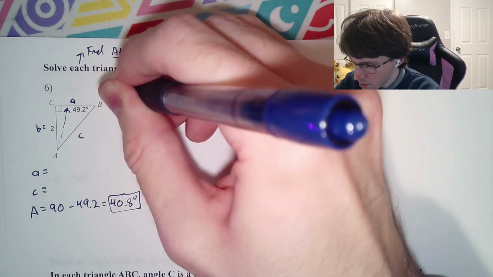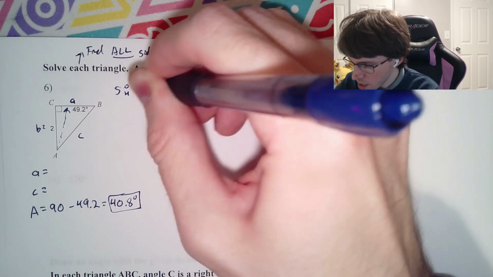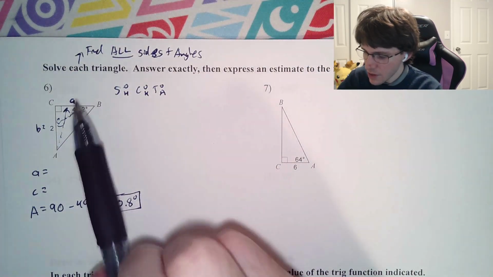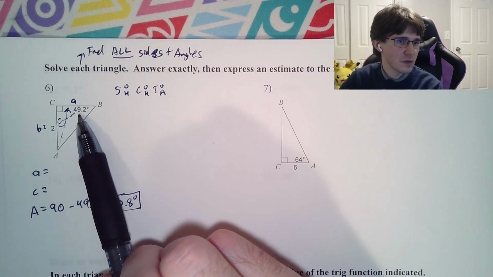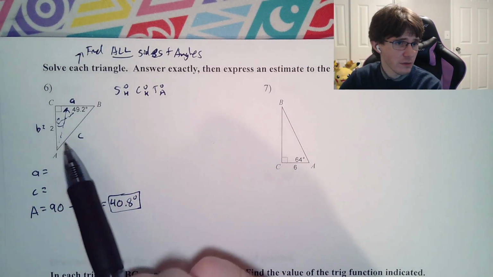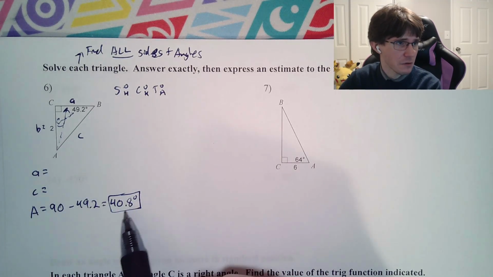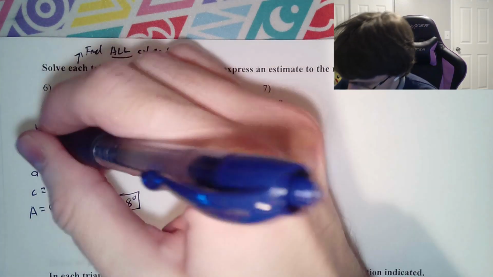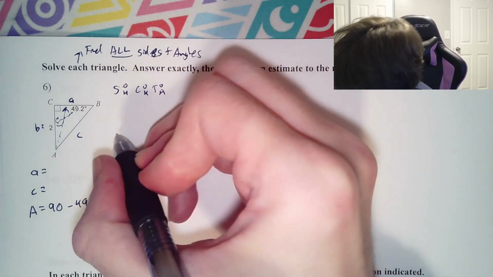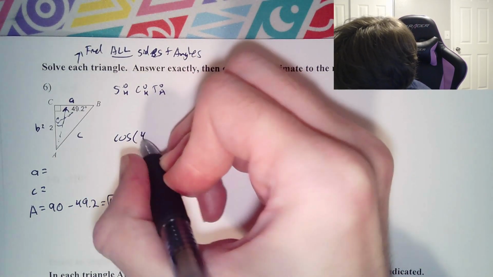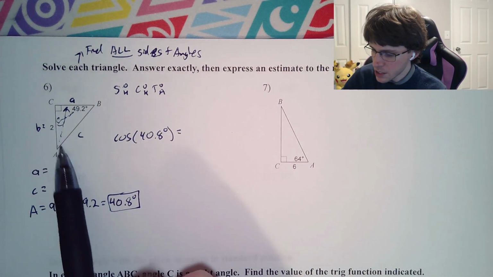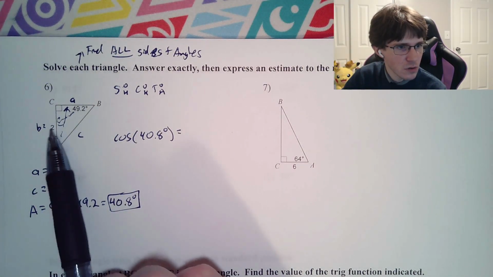SOHCAHTOA. I'm just going to write this down one more time for you guys. I'm going to draw a little arrow going across over here. So we have the opposite of 49.2, or we have the adjacent of 40.8. It actually doesn't matter which one you use. Because of the letters I've used on previous pages, I'm going to use this 40.8 here, which is going to say the cosine of 40.8 degrees is going to be 2 divided by c.